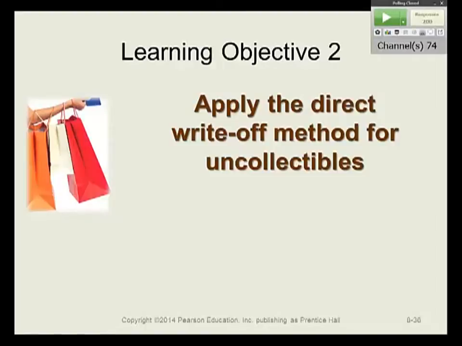The direct write-off method can be used for small businesses, and this is the tax approach, so that's why we cover it, because not everybody is going to be worried about this from a reporting standpoint, but it is the tax approach. It is not considered acceptable in most cases for generally accepted accounting principles because it does not satisfy the objectives of the balance sheet valuation and the proper expense measurement.